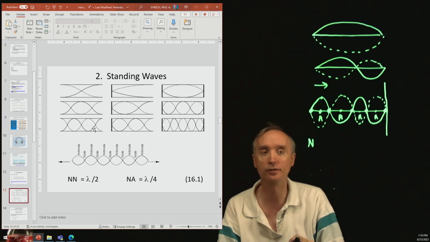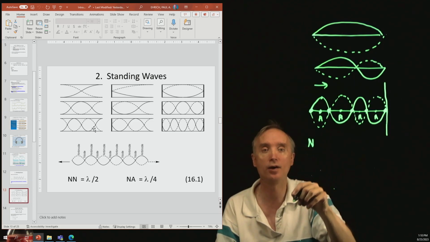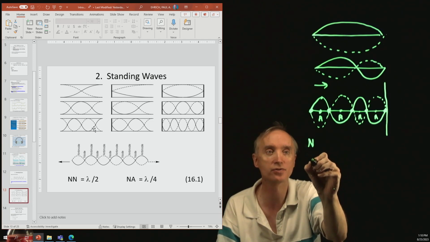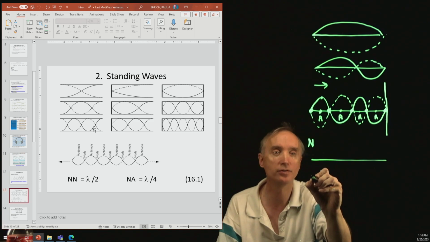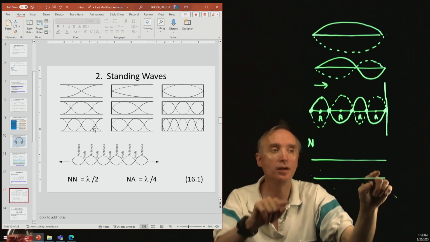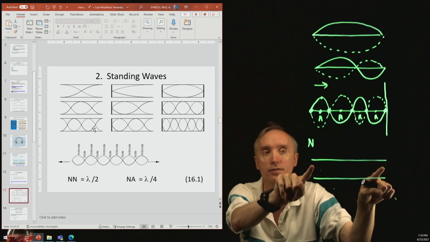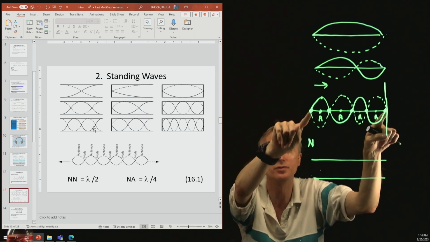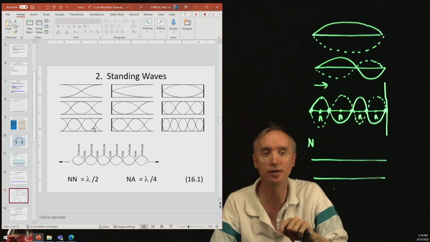What about if you had a straw? That's going to be a tube, and it's going to be open on both ends. This one here is where it's closed on both ends. And those are the different kinds of standing waves you can have.